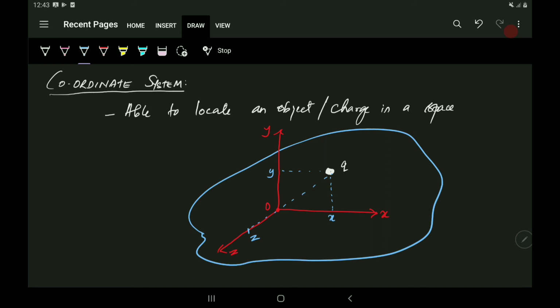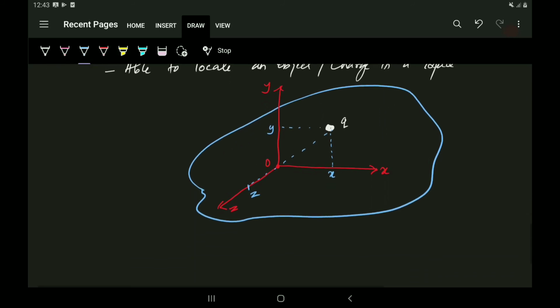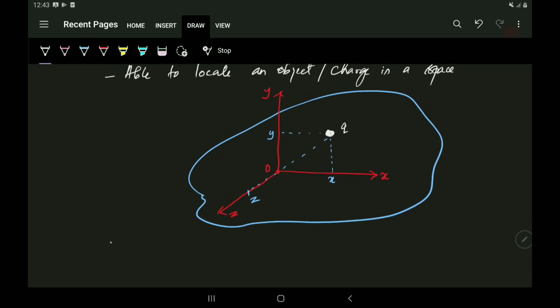As a definition, the coordinate system is the intersection of three axis lines drawn perpendicularly. The point where they intersect gives you the actual location of the point.